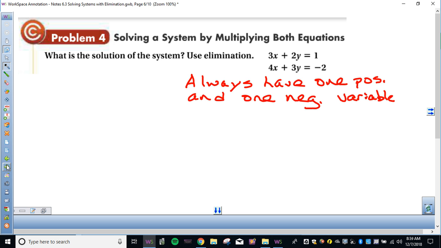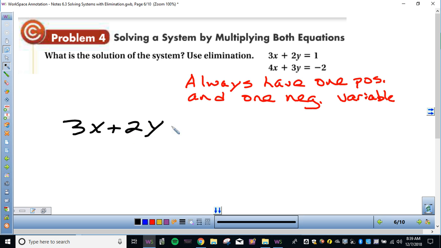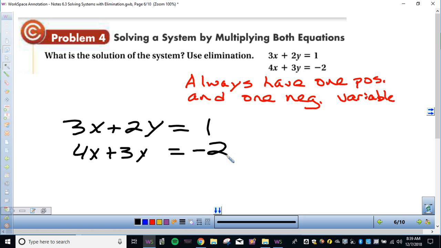Okay, I'm going to rewrite these 2 equations. You will get it. So 4x plus 3y equals -2. So what do the directions say up top? Always have one positive and one negative.